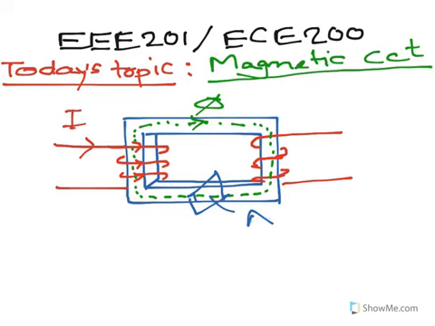According to the definition of flux density, the number of lines per unit area is known as flux density.